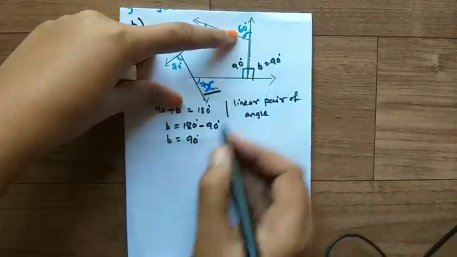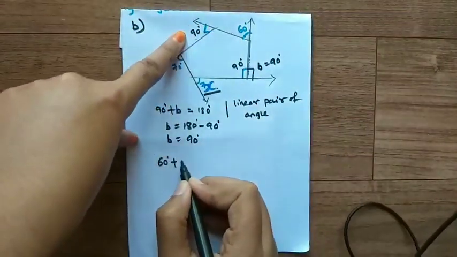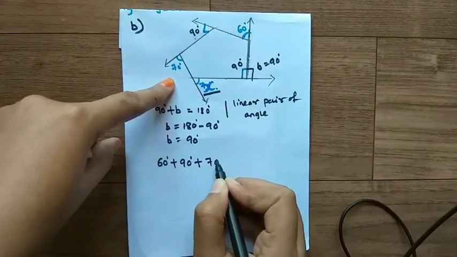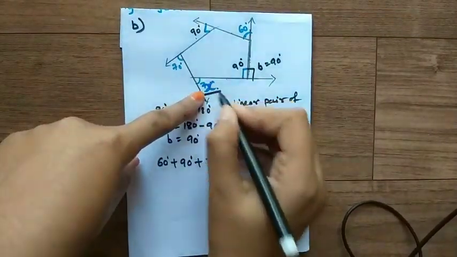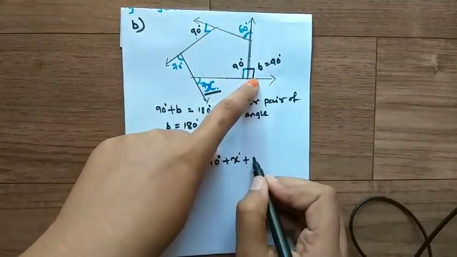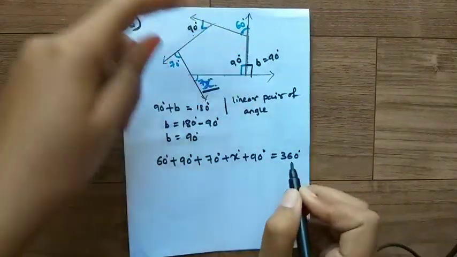So start from here. First angle is 60 degrees, next is 90 degrees, plus this 70 degrees, plus here it is x, we have to find the x value, and this angle is 90 degrees, which is equal to 360 degrees.